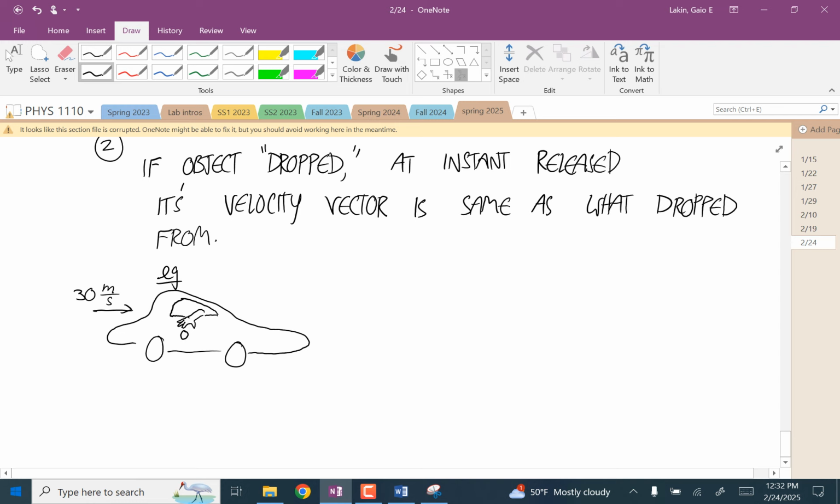Well, if we can come up with the velocity vector of the car, and we can do that by choosing a coordinate system, the velocity vector is 30 meters per second this way. Since that's along the positive x-axis, the velocity vector of the car is 30, 0.